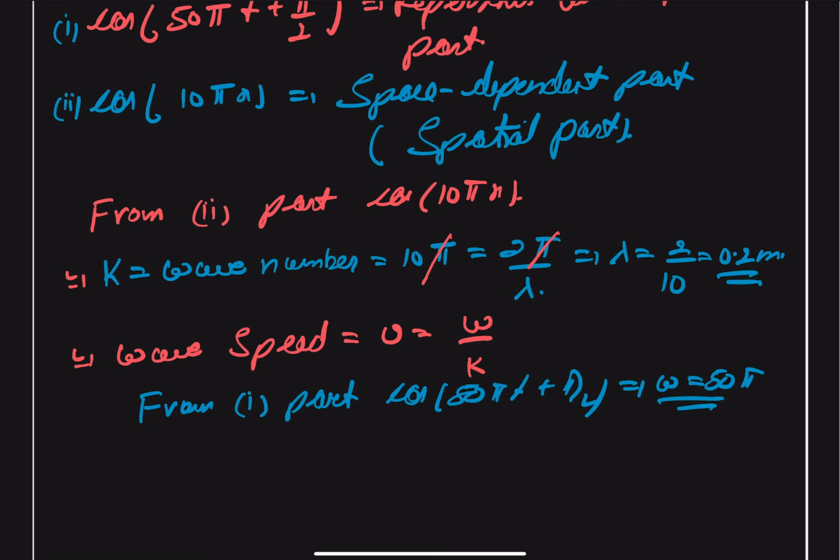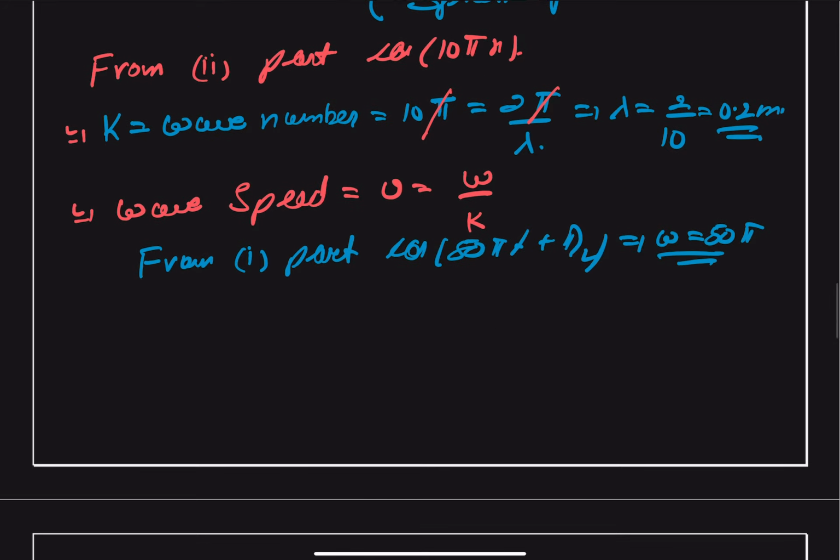So we substitute the values. We already know the wave number as well as omega, so v is 50 pi upon the wave number 10 pi. Pi and pi cancel, and this gives 5.